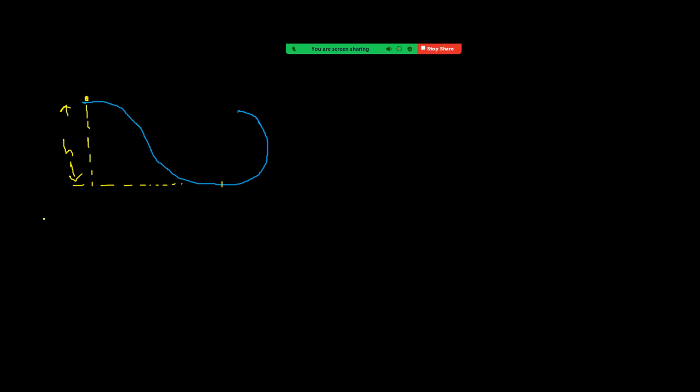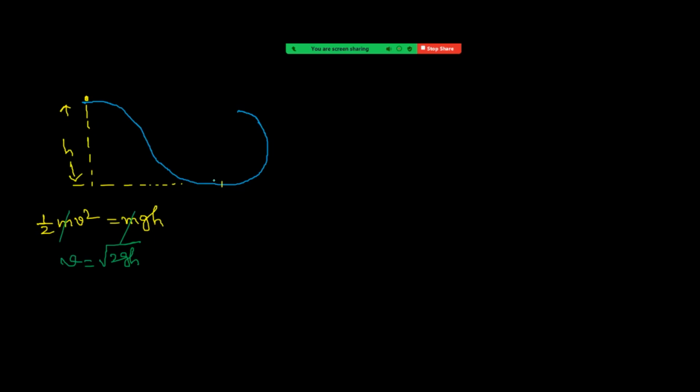Writing the law of conservation of mechanical energy, half mv square is equal to mgh. Now in this, the v value is root of 2gh.